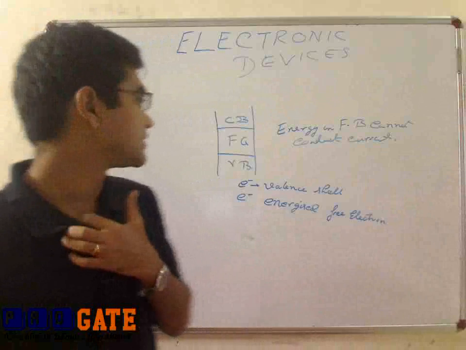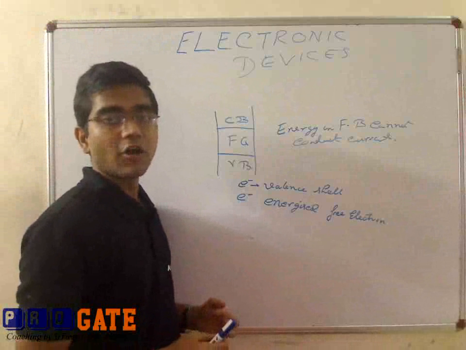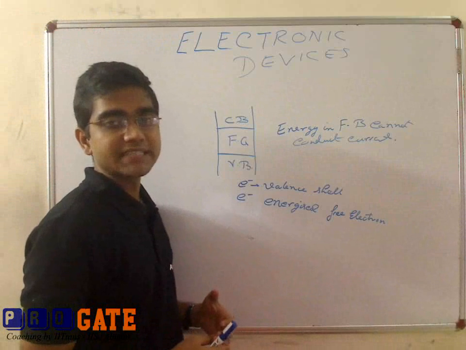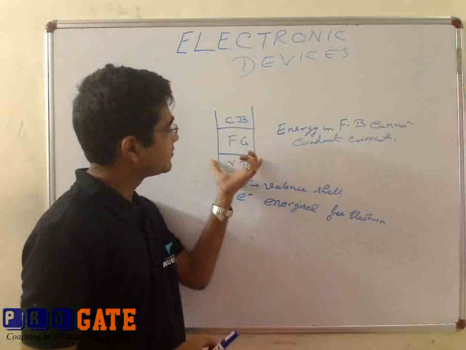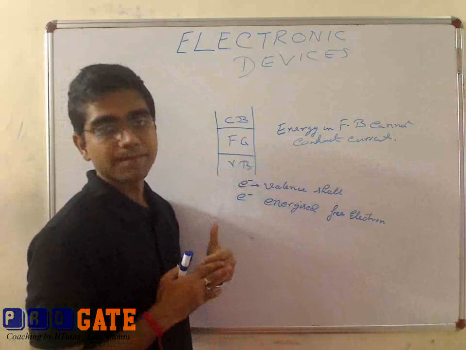So what happens in case of conductors? There are a lot of free electrons, which essentially means the valence band and the conduction band are in a mutual overlap.